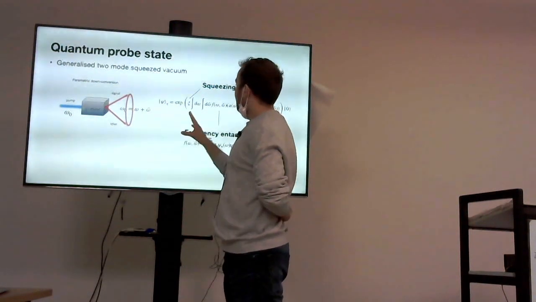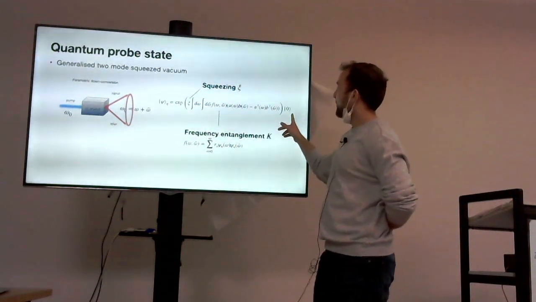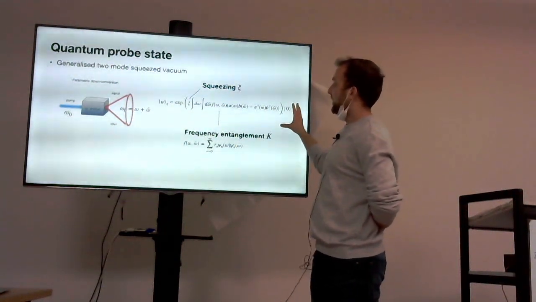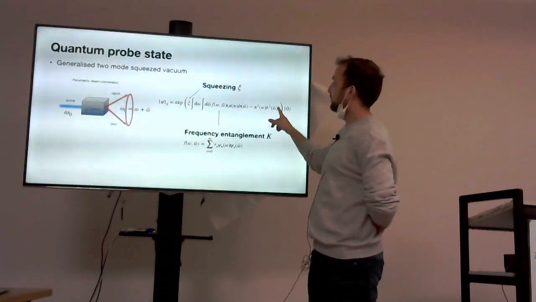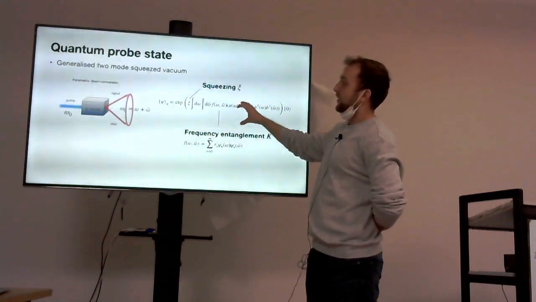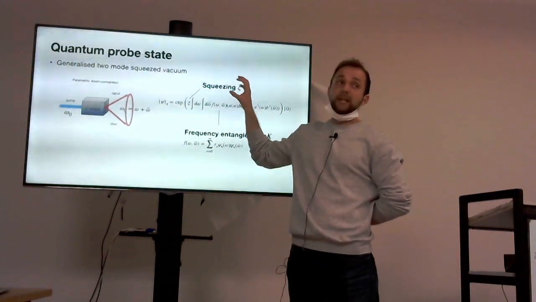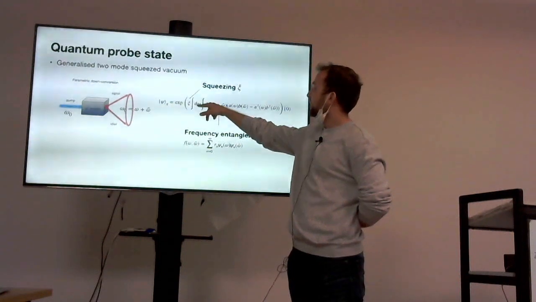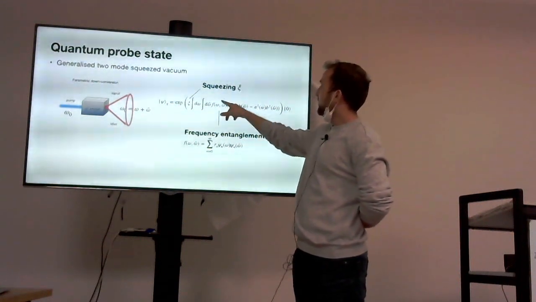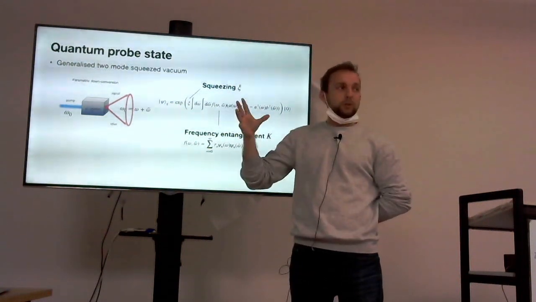So the state, if we write it down, looks like this. We treat this problem in a continuous manner, so we have to integrate over the frequencies of both of the photons.